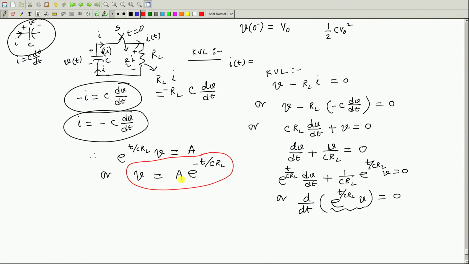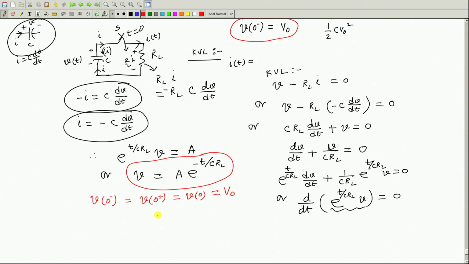Now, the question is how to determine the value of A. The value of A is to be determined from this boundary condition. Since V 0 minus is equal to V 0 plus is equal to V 0, and that is given to be capital V 0.